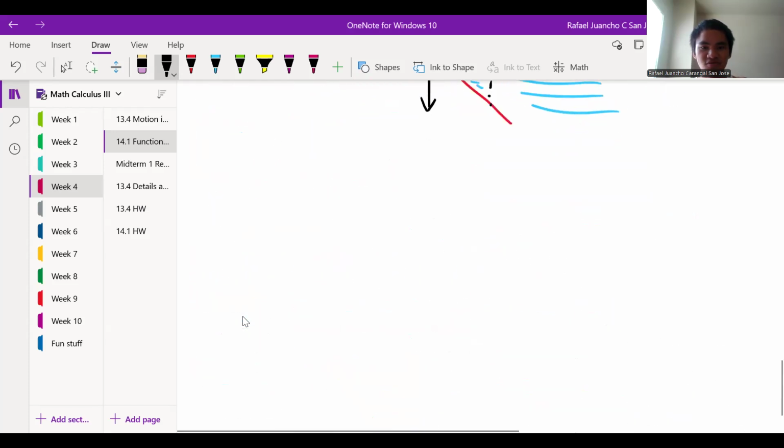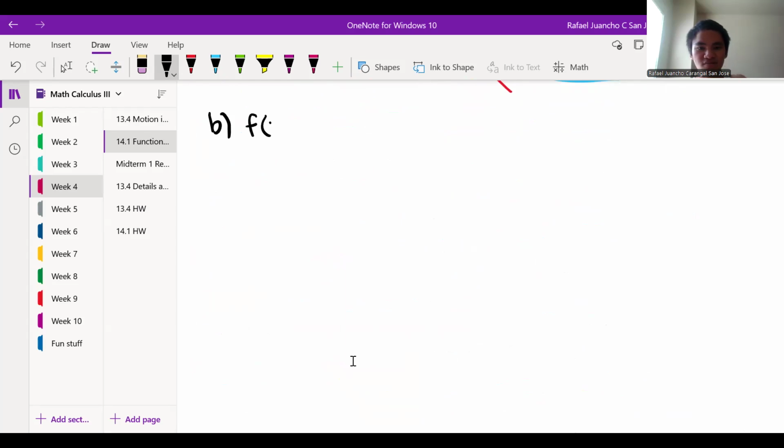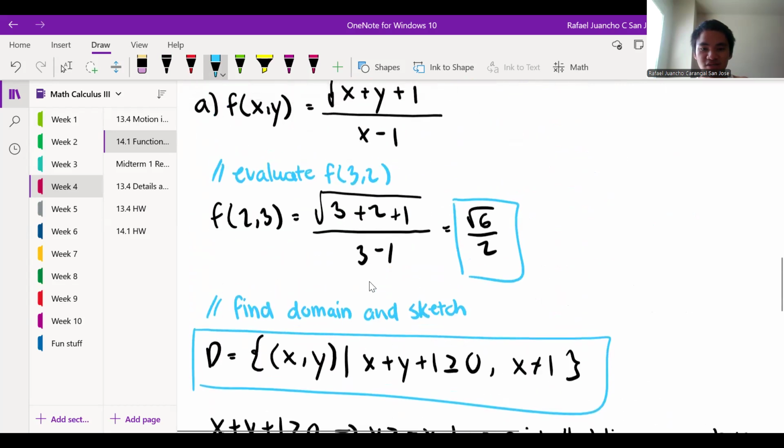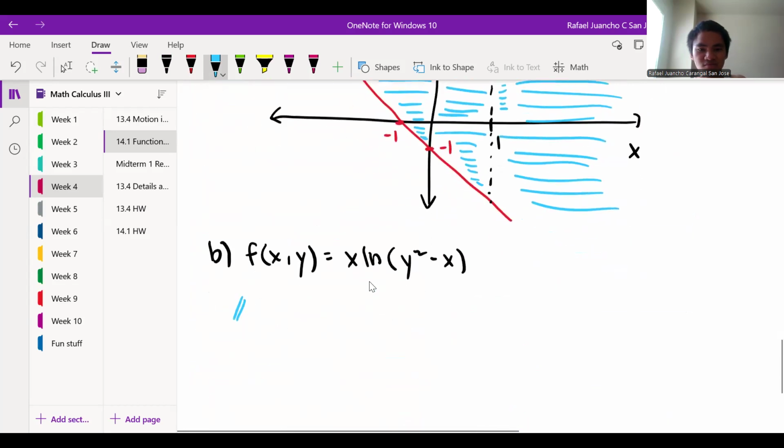So my other function was in B. So this is f of x, y, which is equal to x times ln, so natural log, of y squared minus x. So here again, the easiest thing for me at least is to evaluate. So let me just do that.